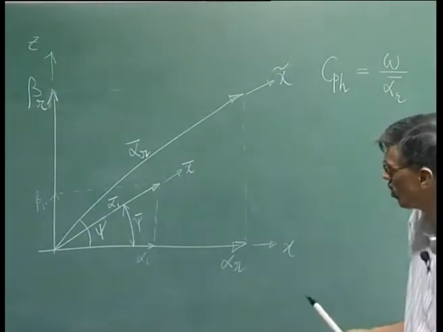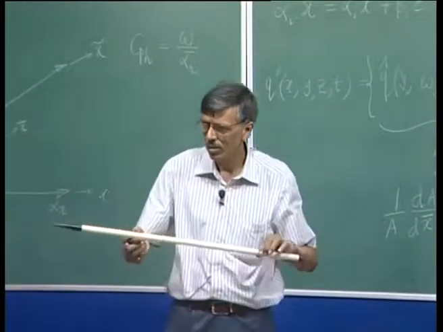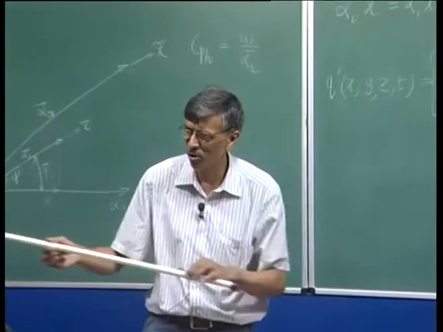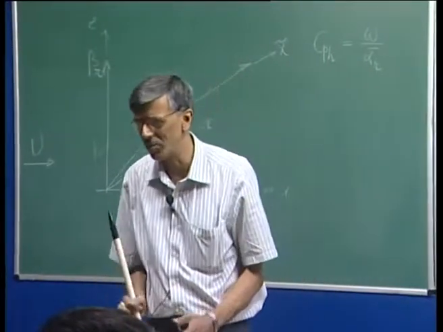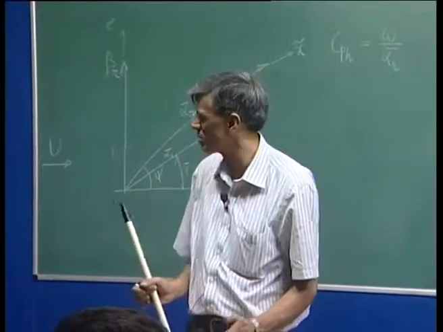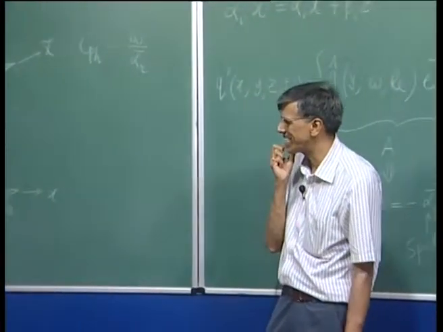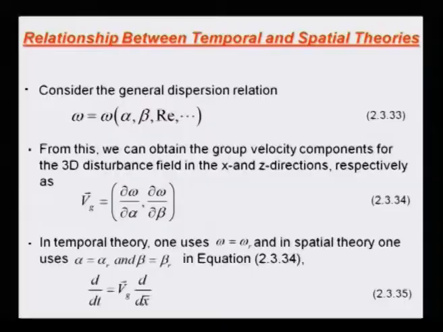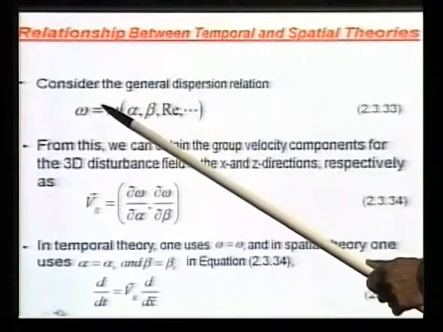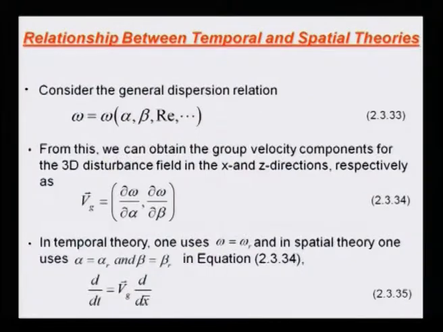I could have that. So, this is a very funny scenario. The flow is coming like this, the wave may go in this direction, but the growth may be in another direction. So, this is far too many unknowns, and this makes life very, very complex. How we can get around that is not an easy answer. However, what we know is that we have a general dispersion relation of this form. That is how the circular frequency is related to the wave number.